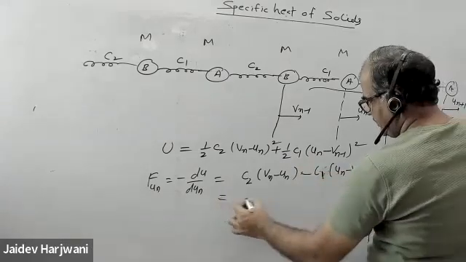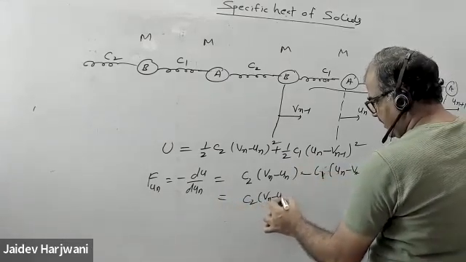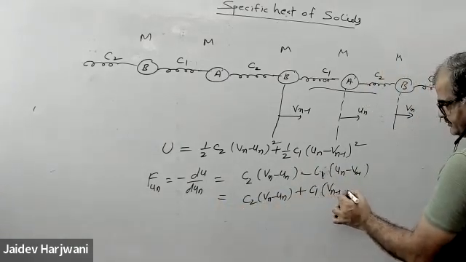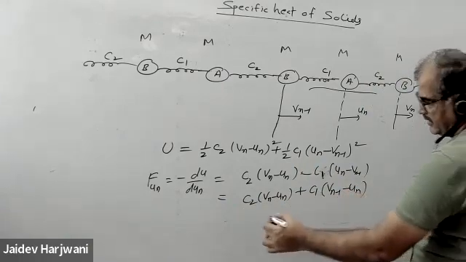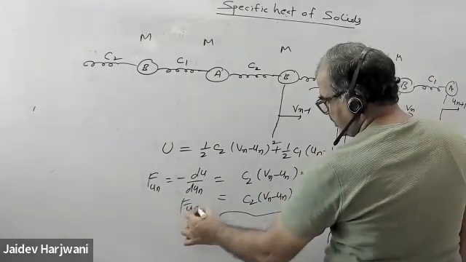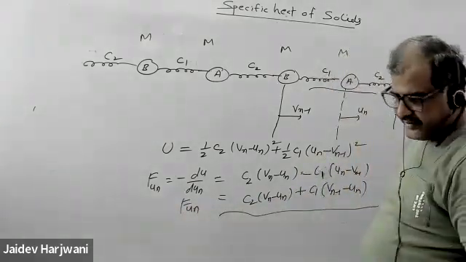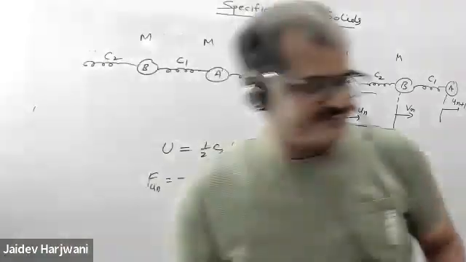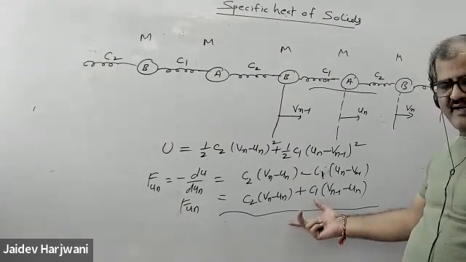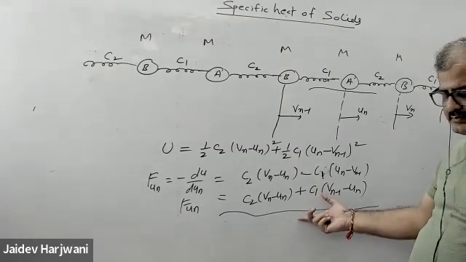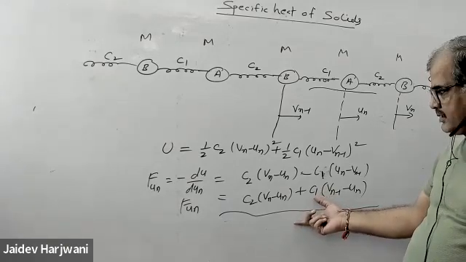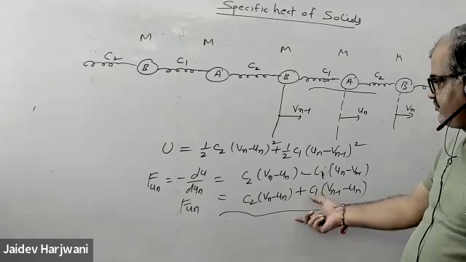So you can write C2 (Vn minus Un) plus C1 (Vn minus 1 minus Un). This is my force on Un. Are you comfortable with this expression, students? Yes, sir.